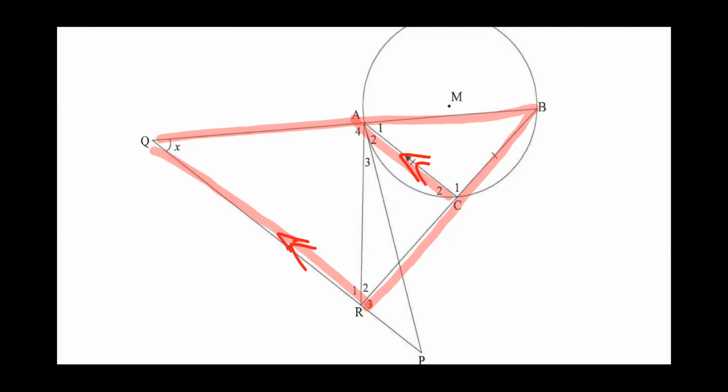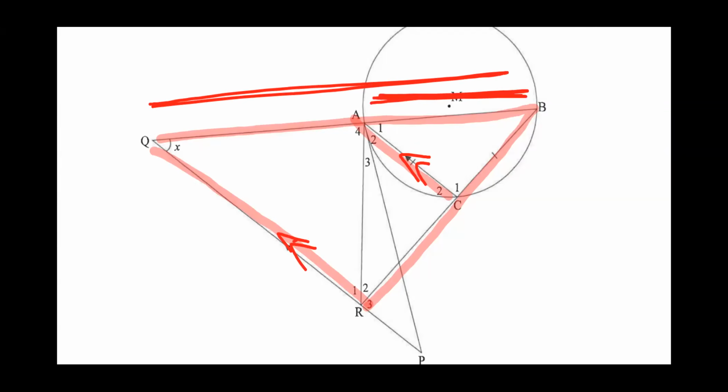Okay, so we can say the short line BA over the long line BQ is equal to this short line BC divided by the long line BR. Okay, but now instead of them using line BR, they are using line QR, which kind of stands to reason that if the proportions are the same, it must then mean that BR is equal to QR.